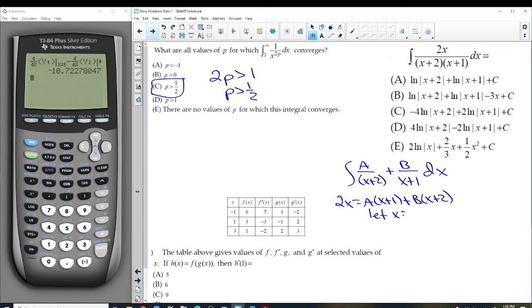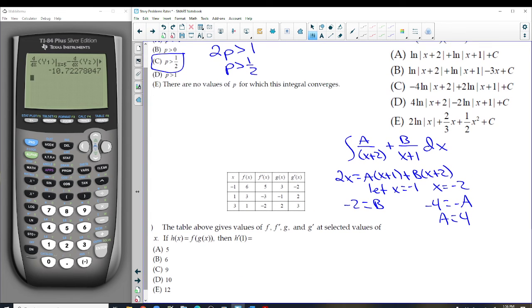So we're going to let x equal -1. So -2 is equal to b. Let x equal -2. So -4 equals -a. So a is equal to, I'm getting 4, which kind of matches those multiple choice numbers. I see 4s and 2s up there. That's always a nice check to see if you're on the right track.